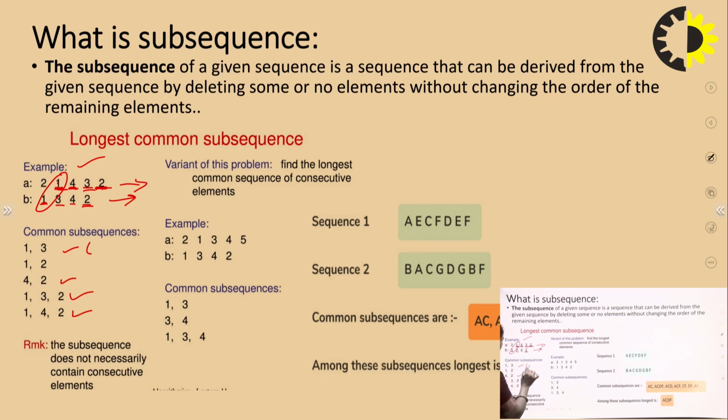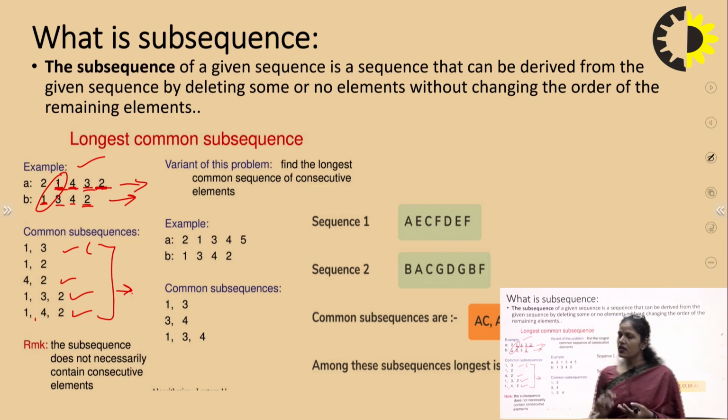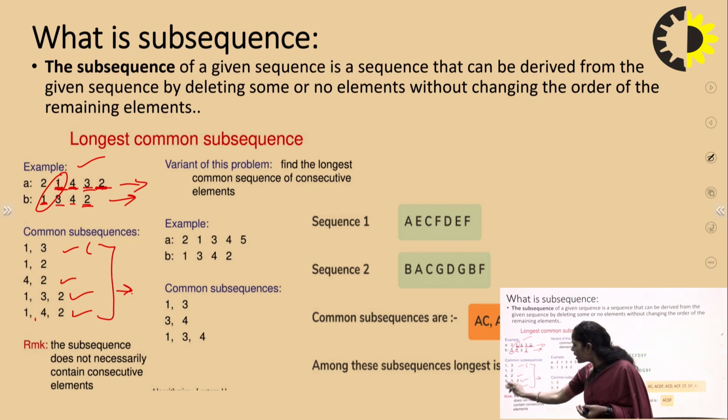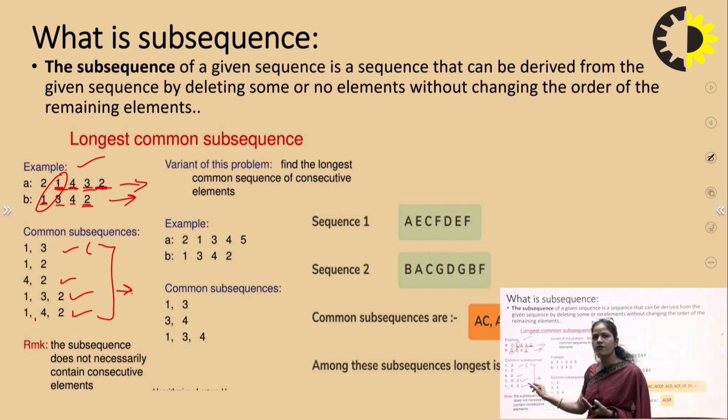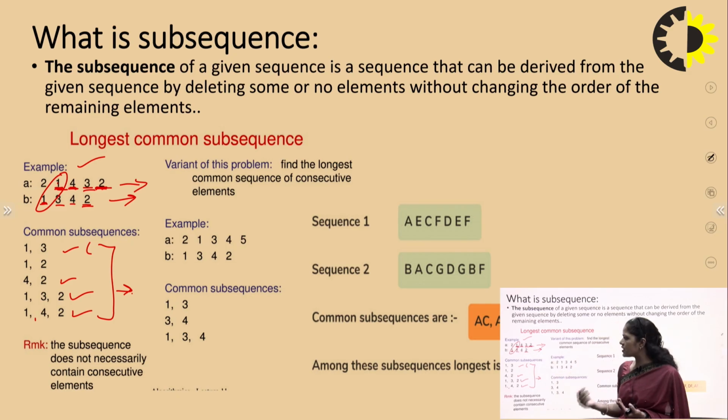So what is the largest common subsequence? Here we have a number of subsequences, but which one is the largest? Largest means the maximum number of characters covered in the string.